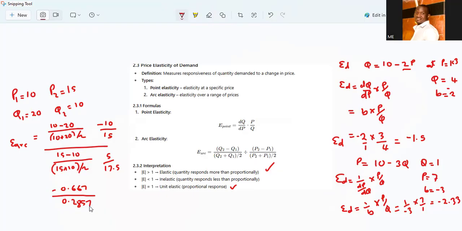So 0.667 divided by this answer, we're going to get negative 2.33. So at 2.33, we can simply say demand is elastic. Demand is elastic. So any questions at this point before we proceed?